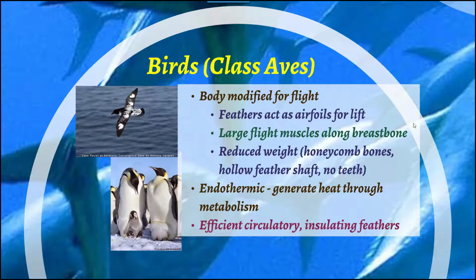These organisms have an efficient circulatory system and insulating feathers that allow them to inhabit a marine environment or areas adjacent to it. And in the case of organisms such as penguins, that insulation is so well done that it allows them to survive in quite cold climates.